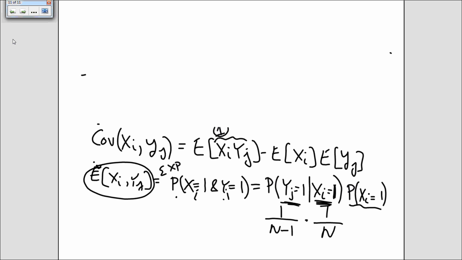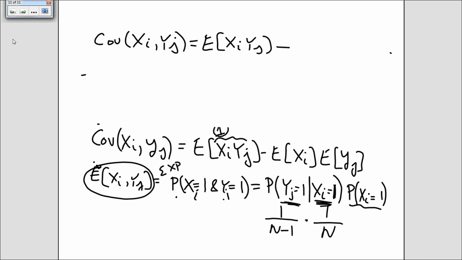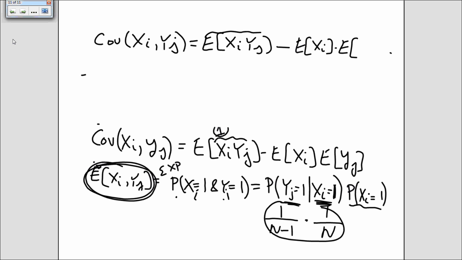Okay, so what is the covariance of x sub i, y sub j? The reason we did what we just did at the bottom is because, by definition, this is E of xi yj minus, well, we needed this. We just found E of xi yj, minus E of xi times E of yj.